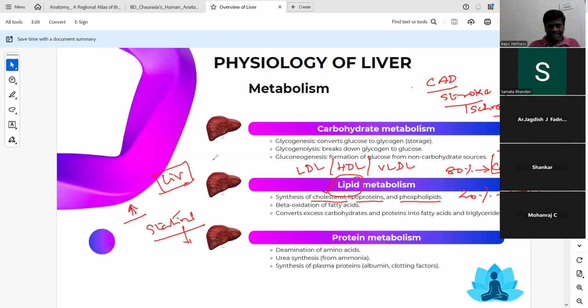Depending upon the signals it receives through various neurotransmitters in the body, it produces different levels and different compositions of cholesterols and lipids. So when you see the cholesterol or the triglycerides or the composition of LDL and HDL, that is LDL from the liver to the body and HDL from the body to the liver, the passage.